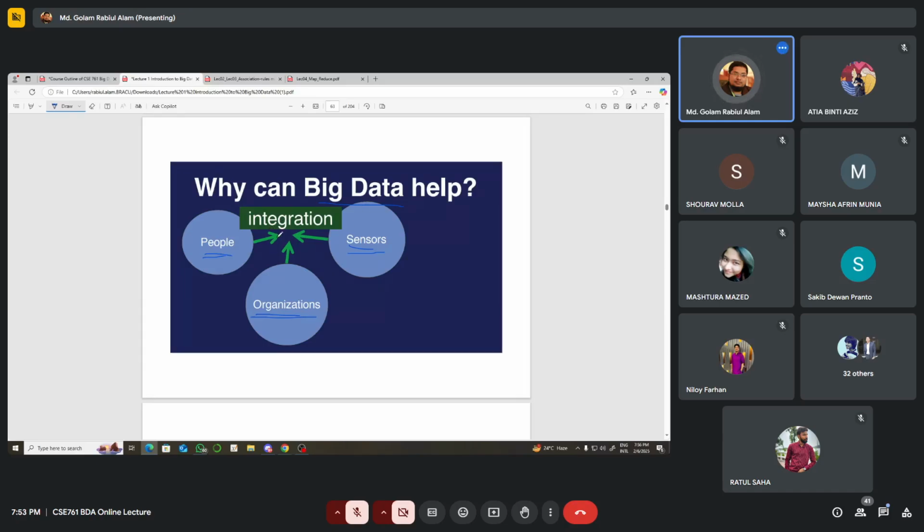Why is integration a problem? Because the generated data are big data, that means based on the volume, the variety, or the speed or velocity. So that's why data integration is a problem.